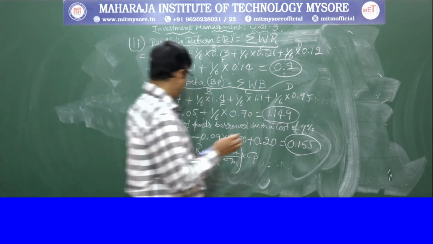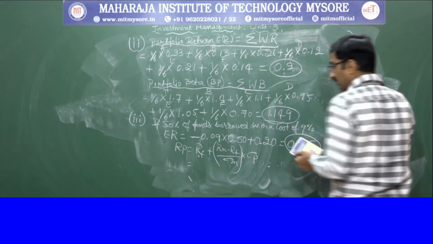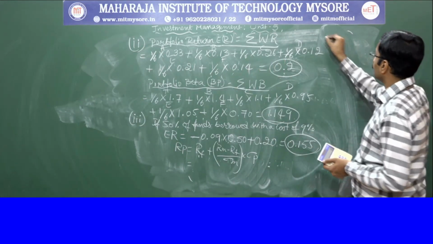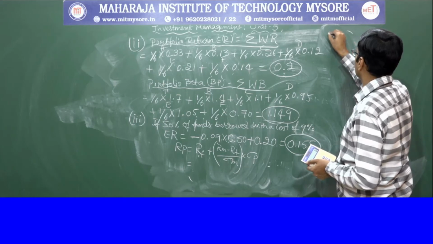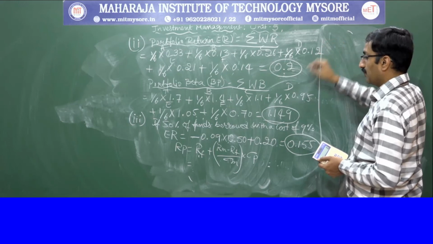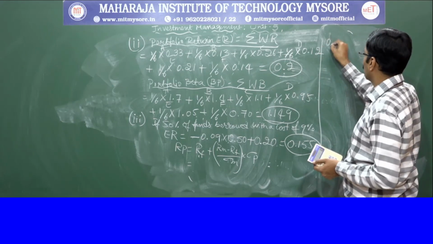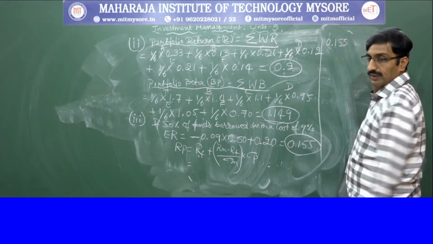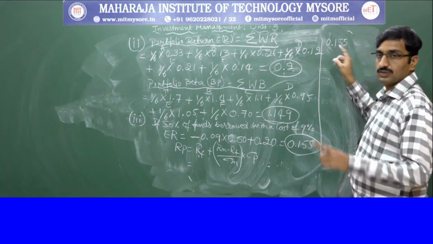I'll take it here. RP is equal to how much we got? 0.155, we have got it, isn't it?